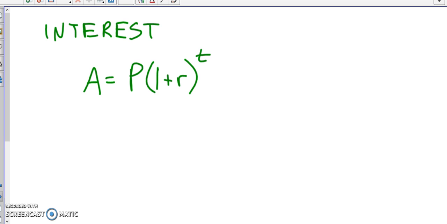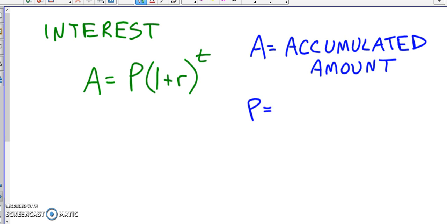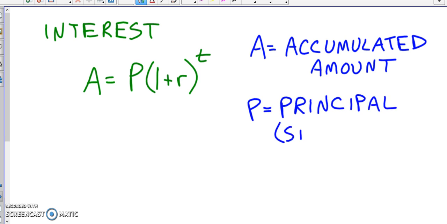Now let's understand what this stuff means. A is your accumulated amount. That's the amount after a certain period of time has passed. P is what's called your principal. That's your starting amount.